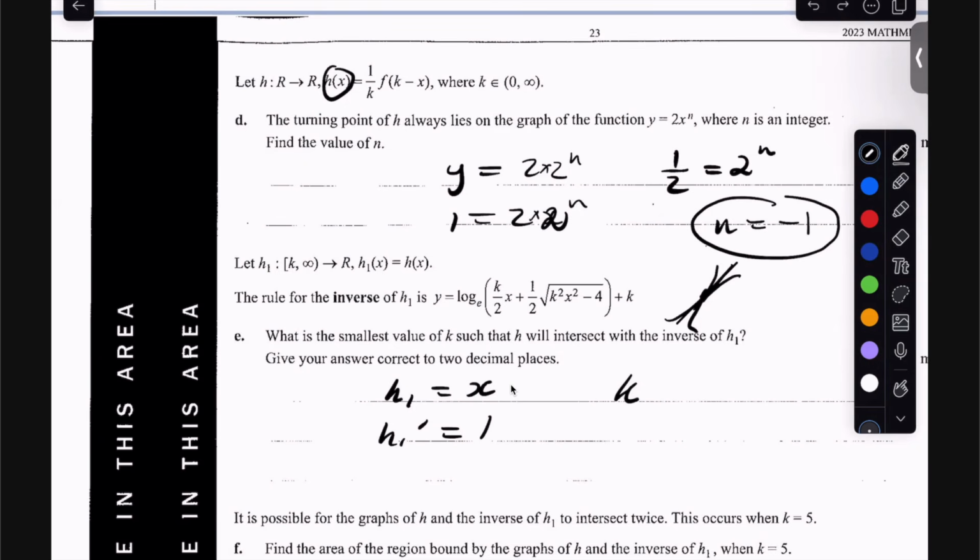So if you just take the case where k is 2 like we did before, it's going to be a much easier function: log base e of x plus 1/2 square root of k squared x squared minus 4, which you can take out 2 and you're just going to have x squared minus 1, and that cancels the 1/2.